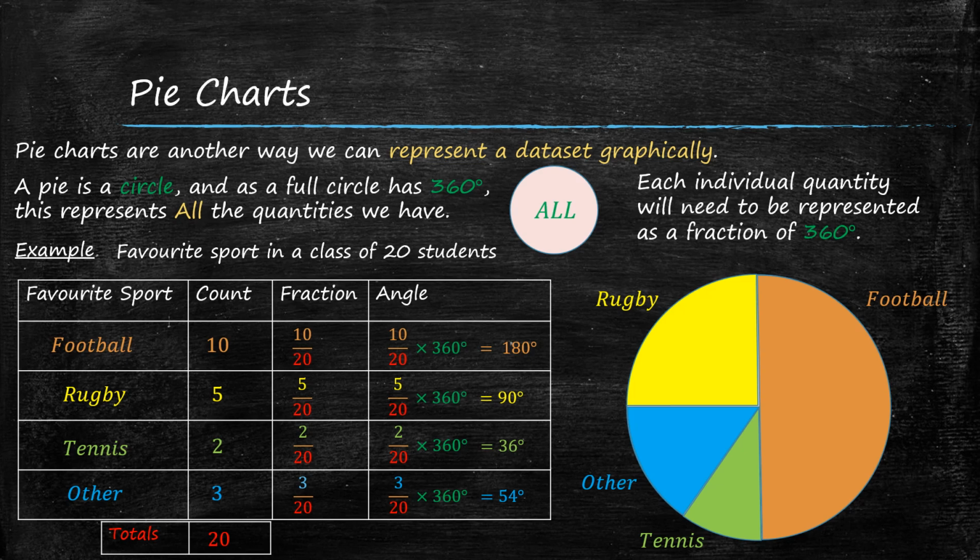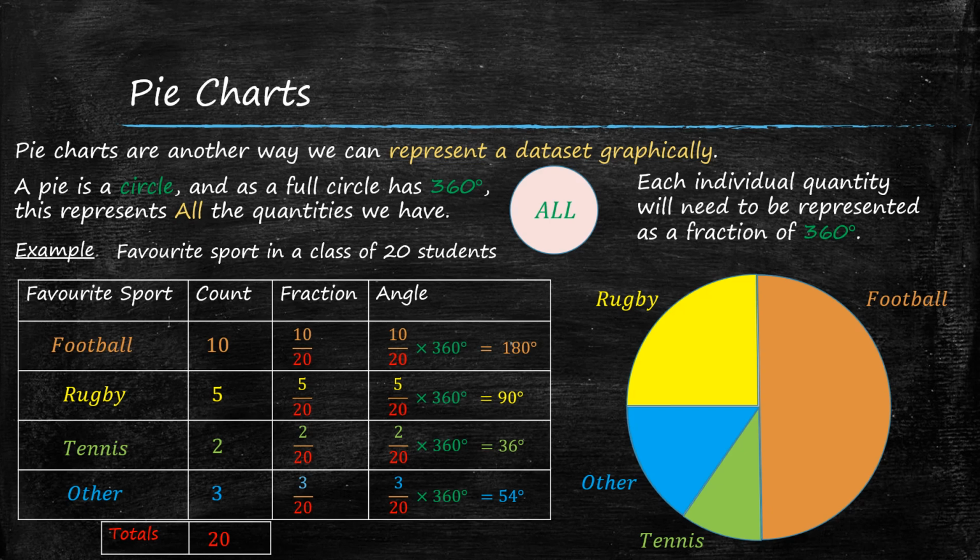Now if somebody gave us this pie chart, we could look at it and quickly see that, whether we know that it's a count of 20, 100 or 200 people that it represents, half the people, their favourite sport was football, because half the pie is given to football. And we know a quarter of the people, their favourite sport was rugby, because a quarter of the pie is represented by rugby.